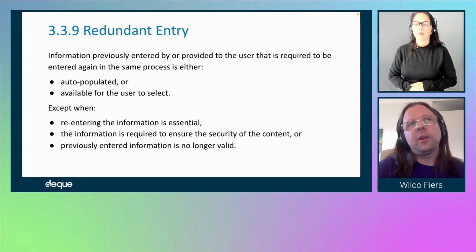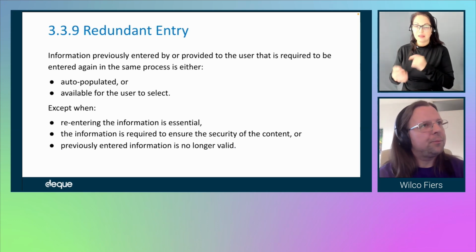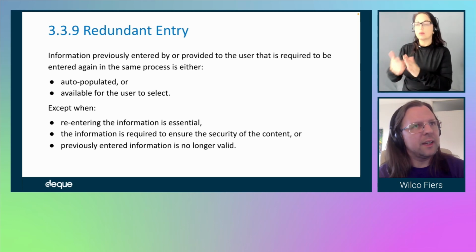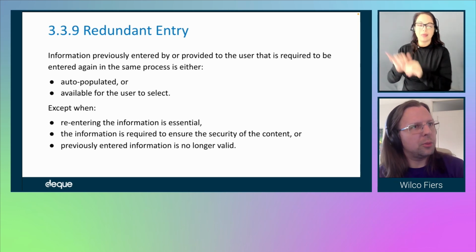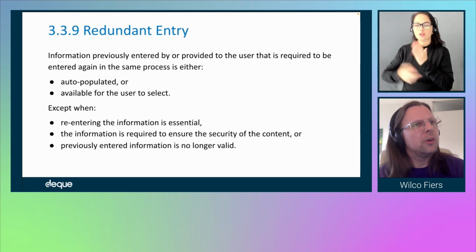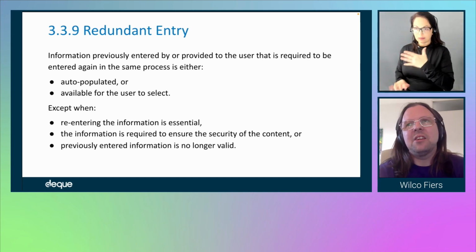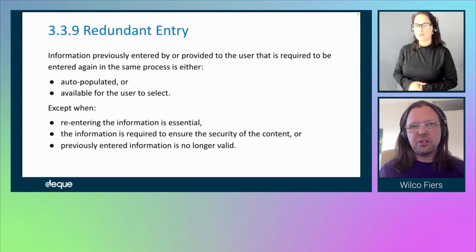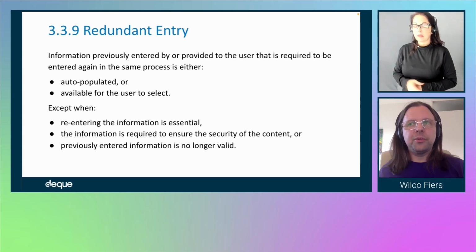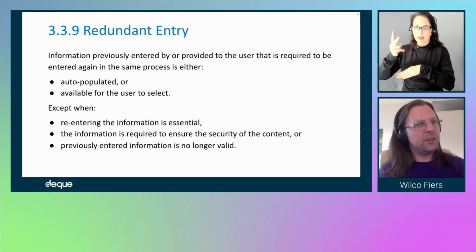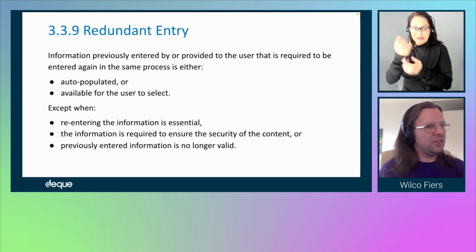And then the last one in our list is redundant entry. Information previously entered by or provided to the user that is required to be entered again in the same process is either auto-populated or available for the user to select. Essentially, if you have a process, don't ask the same thing twice, unless there's some security reason or it's truly essential.